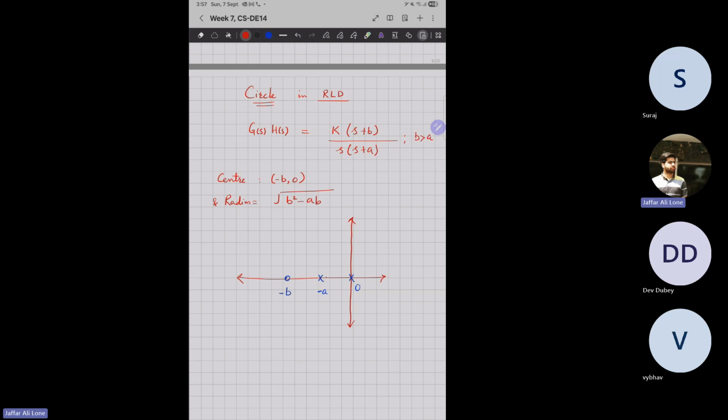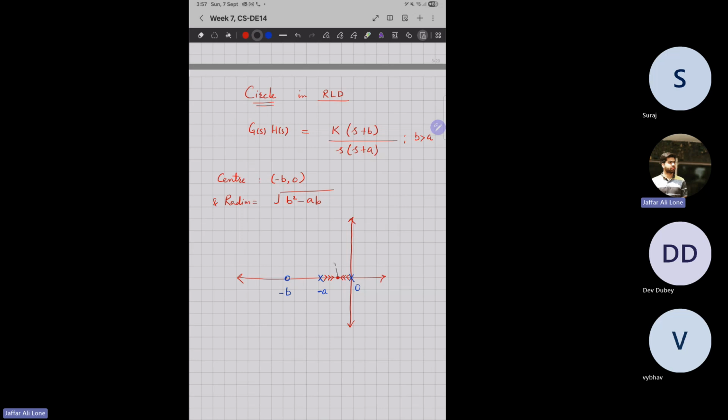This is the valid part, and there will be a breakaway point, which we will calculate eventually. This part is not a valid part of the root locus, but yes, this part is a valid part of the root locus.